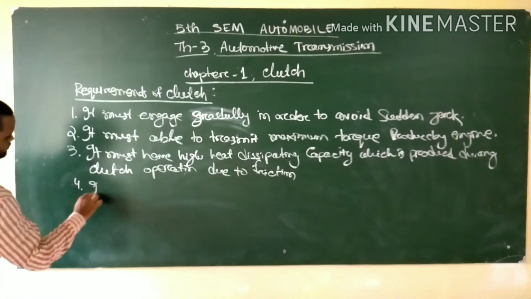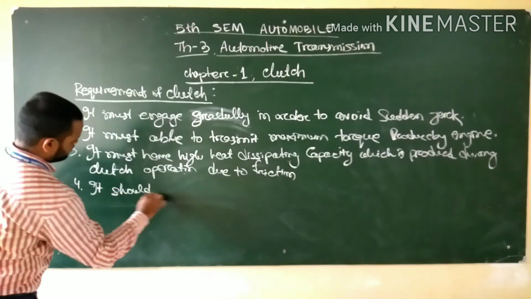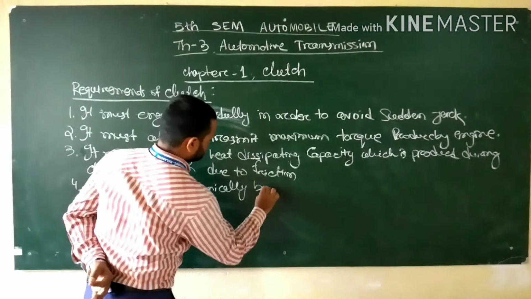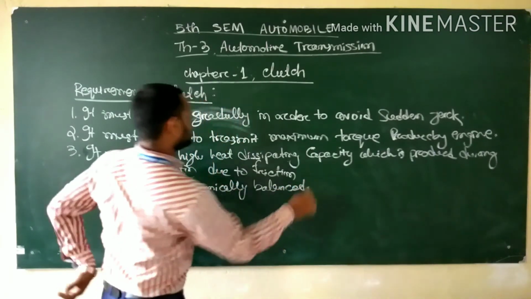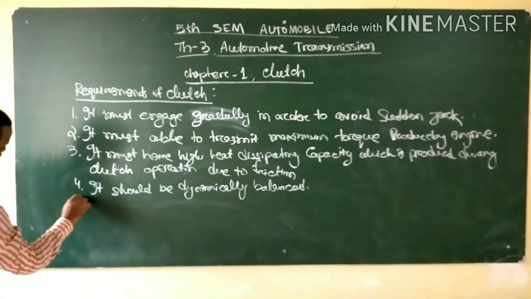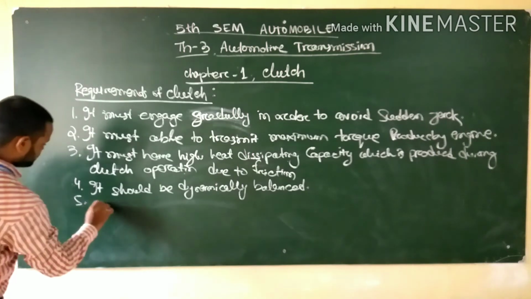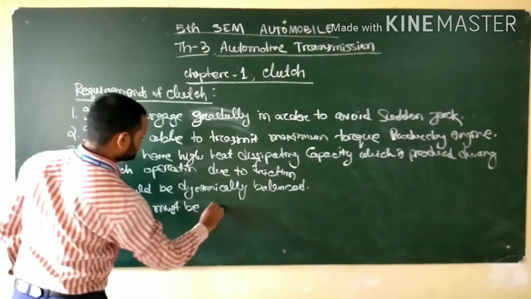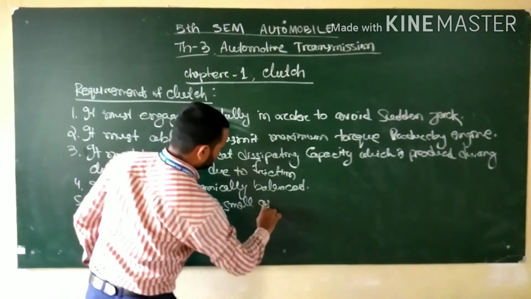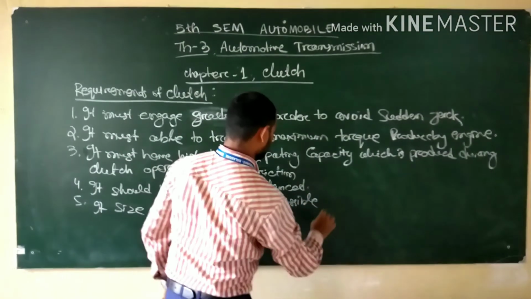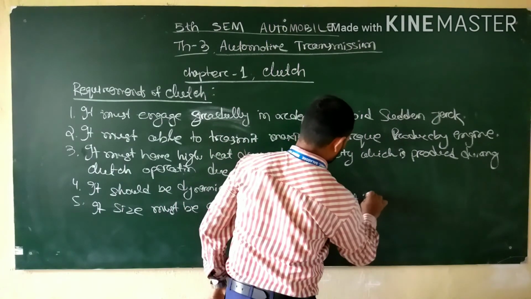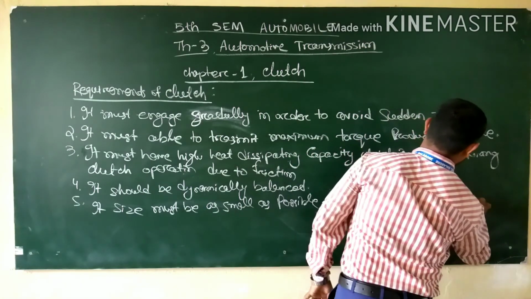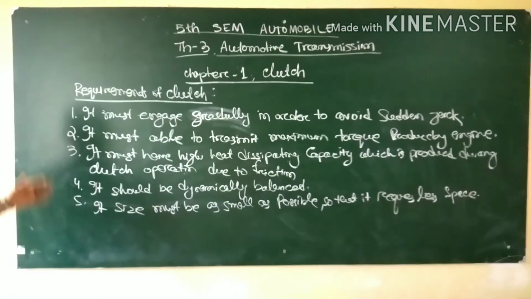Next, it should be dynamically balanced. Next, 5, its size must be as small as possible, so that it requires less space.